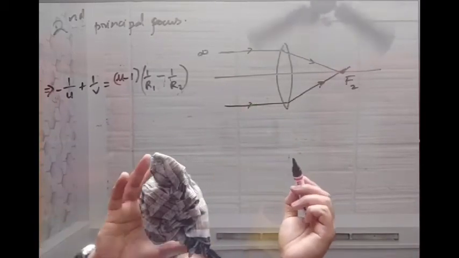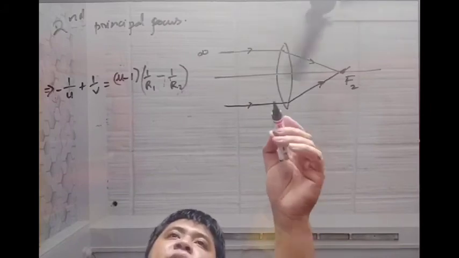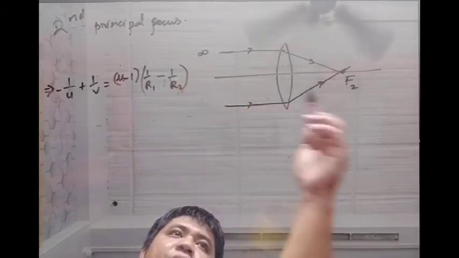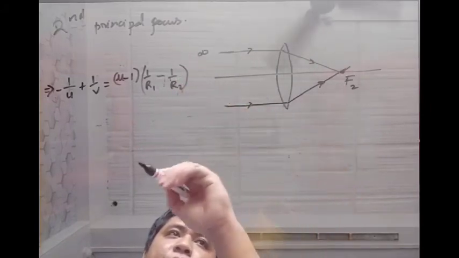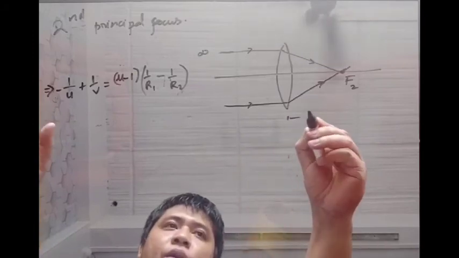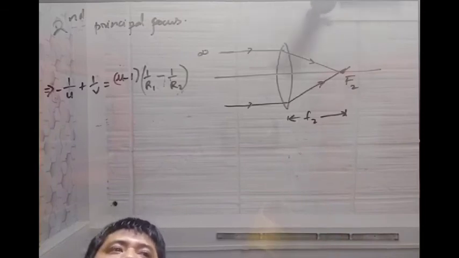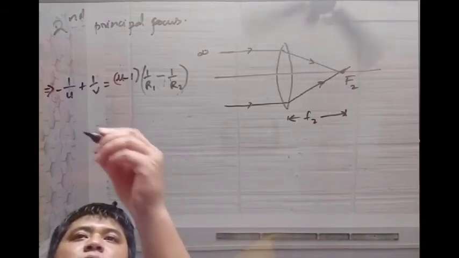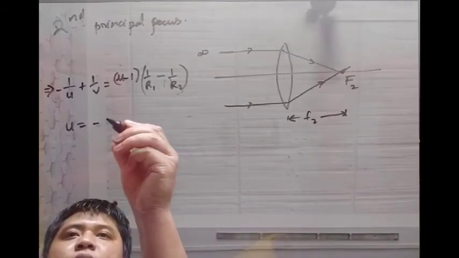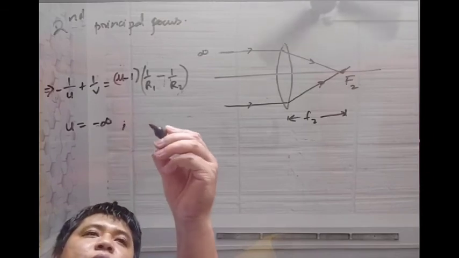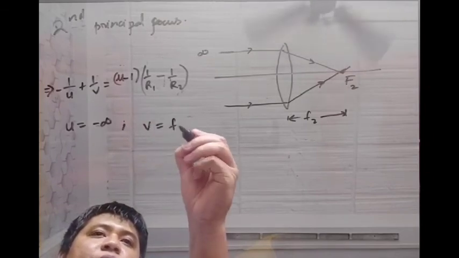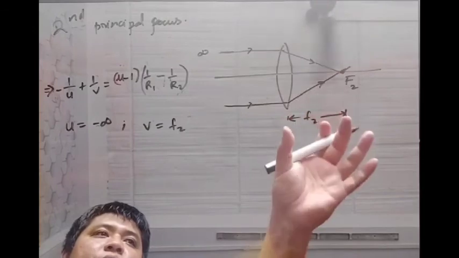Here we can say that the object is placed at infinity and the image is formed at f2. And this is the focal length f2. Here u is minus infinity and v is f2.